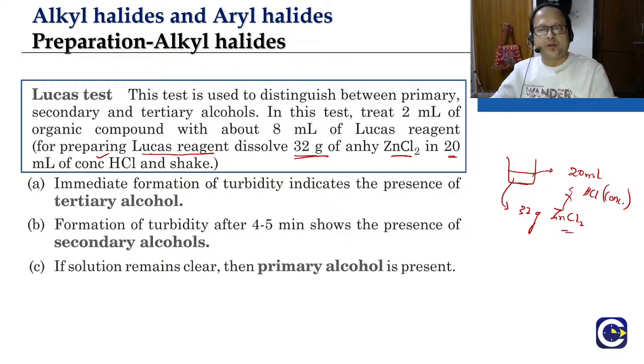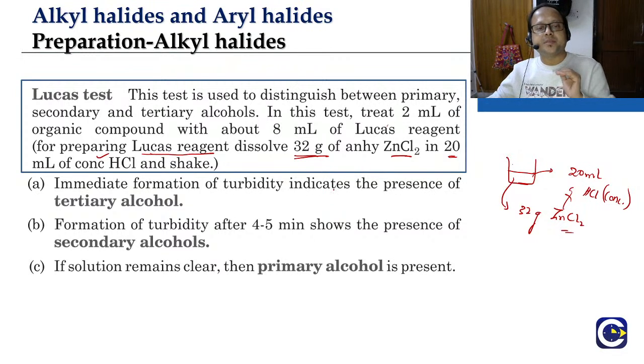Once it is prepared, we have to make totally 10 ml, so 8 ml of this and 2 ml of the alcohol. It can be primary, secondary and tertiary, right?